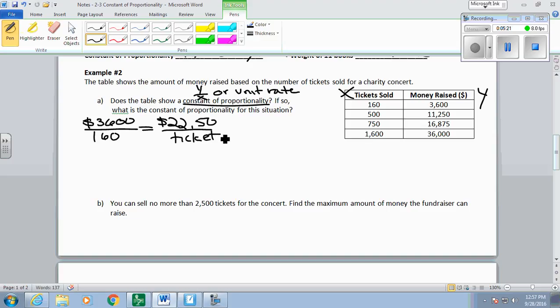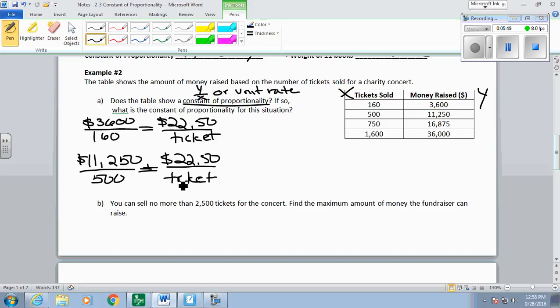In order for this table to show a constant proportionality, I have to show that proportionally the tickets sold to the money raised is equivalent. So I go through, the next amount of money raised is $11,250 divided by 500, and again I will get $22.50 per ticket.